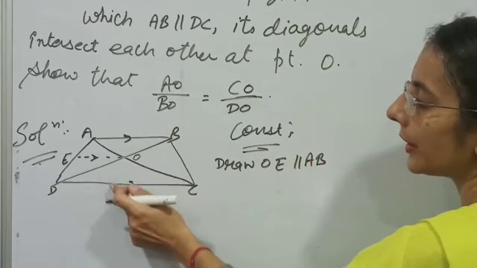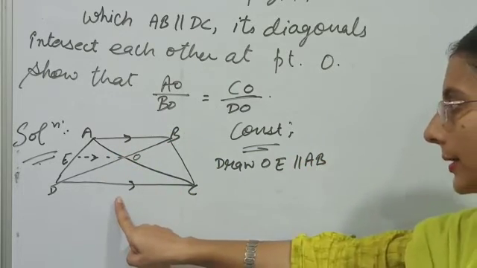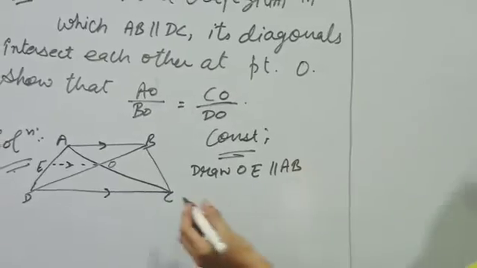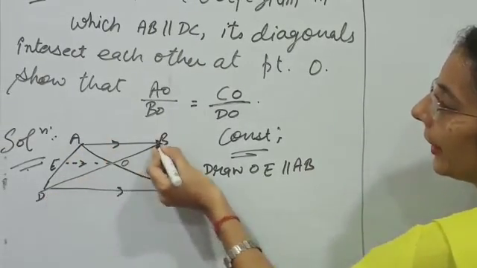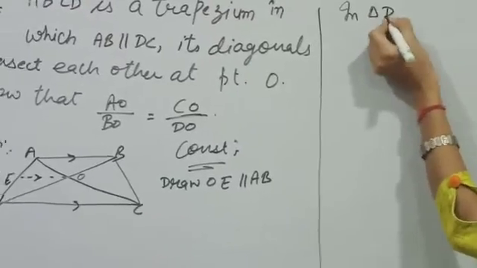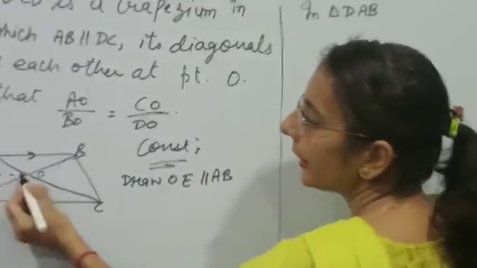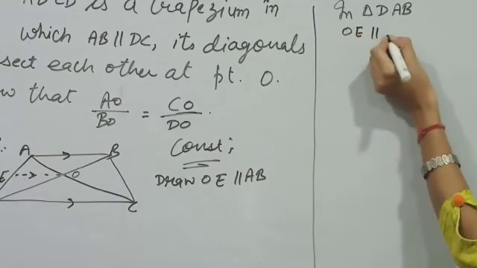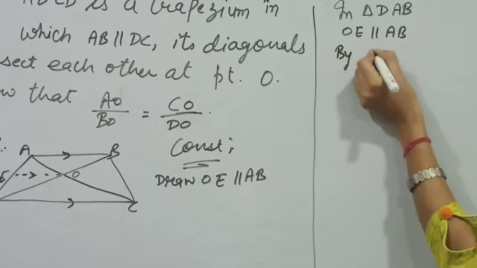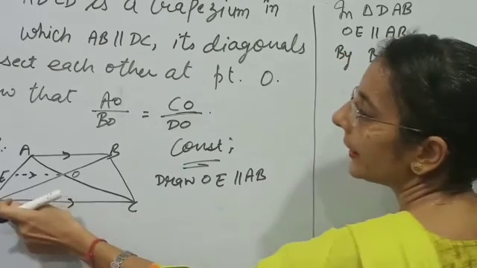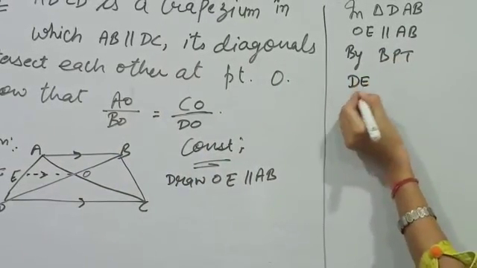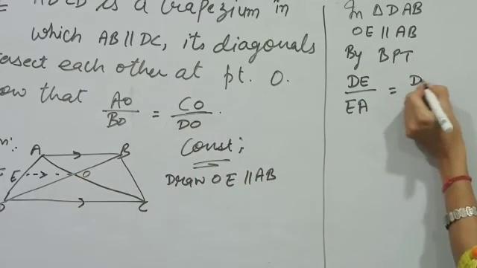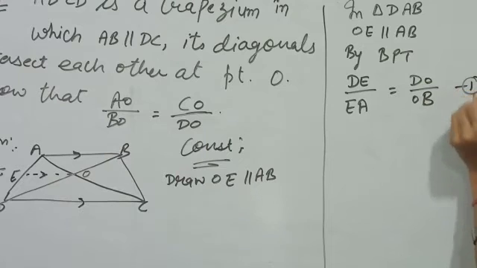As AB is parallel to DC, OE is also parallel to DC. Now in triangle DAB, OE is parallel to AB, so by BPT, DE upon EA is equal to DO upon OB. This is the first part.